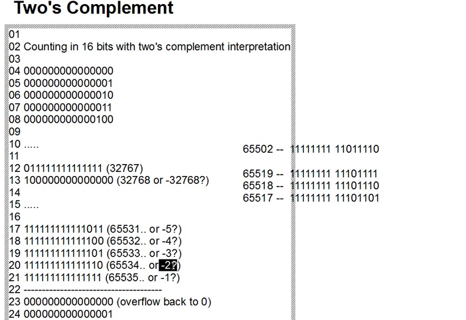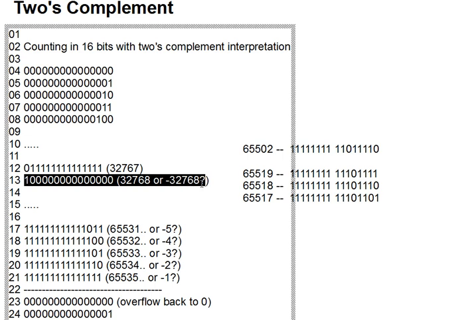And the point at which we break from positive to negative, the halfway point of the range, is where the MSB turns to 1. 32,767 is still positive, but 32,768 becomes minus 32,768. All values with MSB 1 are considered negative, and the MSB is sometimes called the sign bit for this reason.